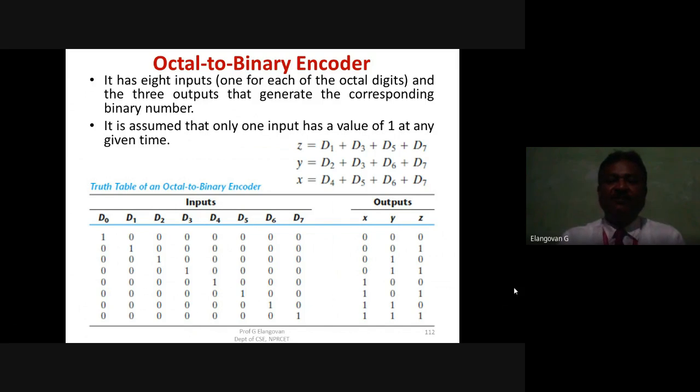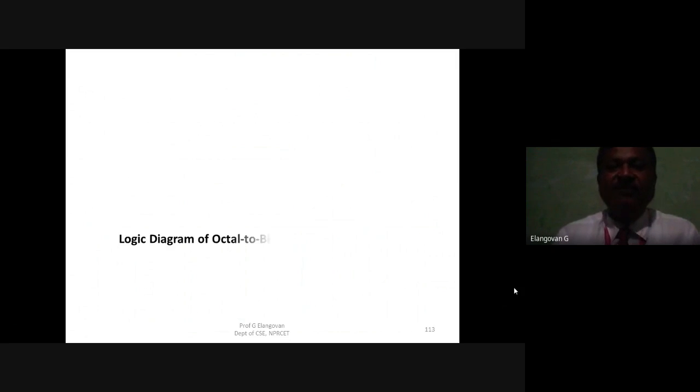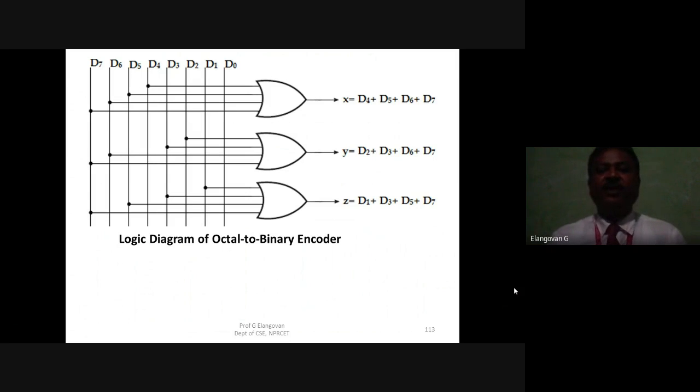From this table, we can get the expressions for Z, Y and X. Z is high level during D1, D3, D5 or D7. Like that, we get the expressions for X, Y and Z. We can draw the logic circuit with simply OR gates, and for this combination we get the output like this.